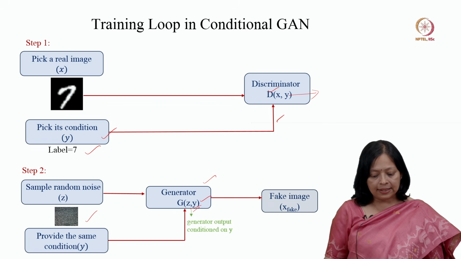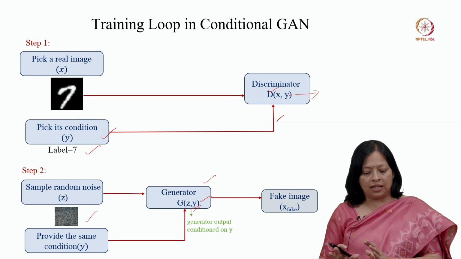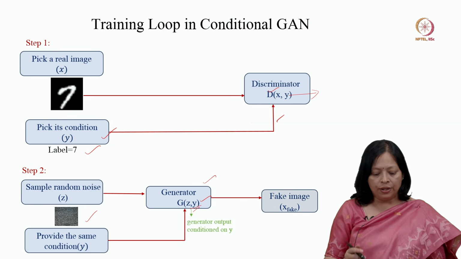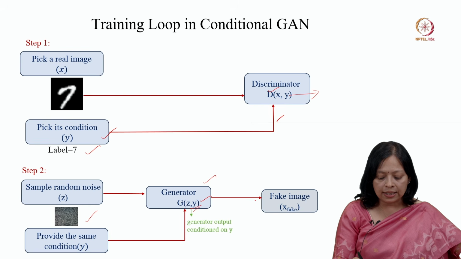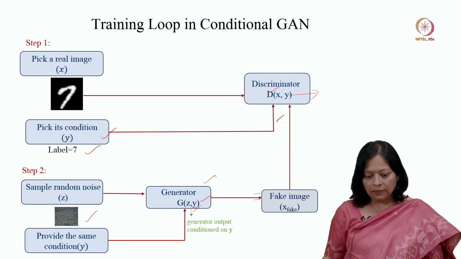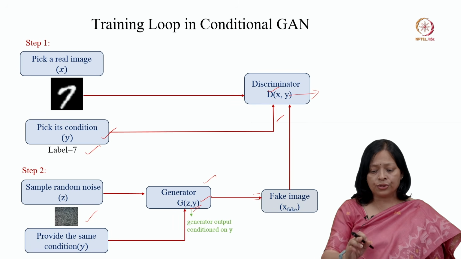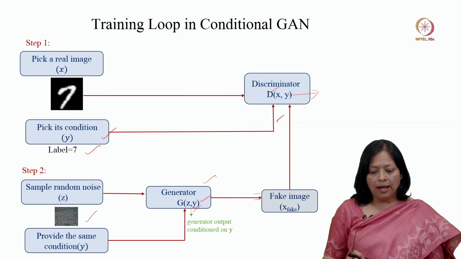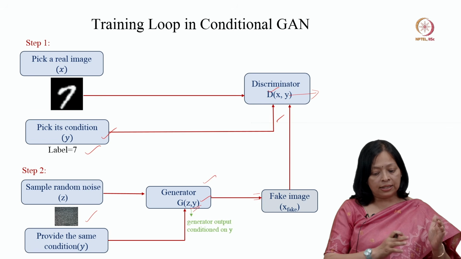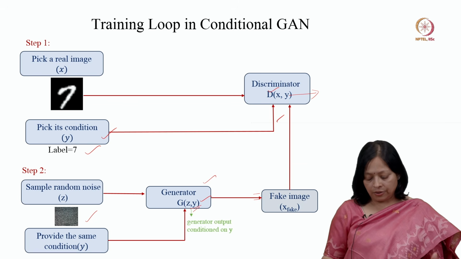This generator output we name the fake image, which is x fake. Now this goes to the discriminator also. The discriminator now has the real image and the generated image from the generator.